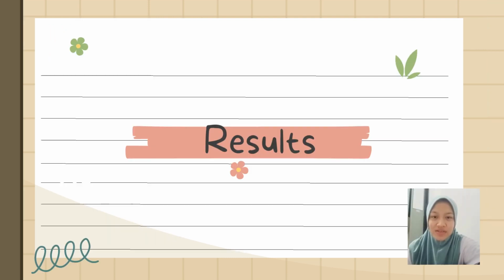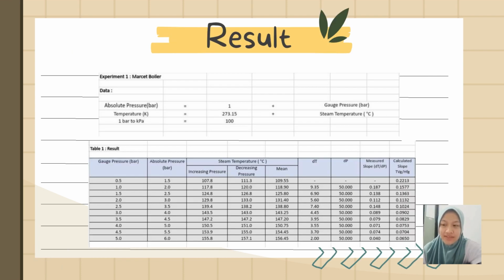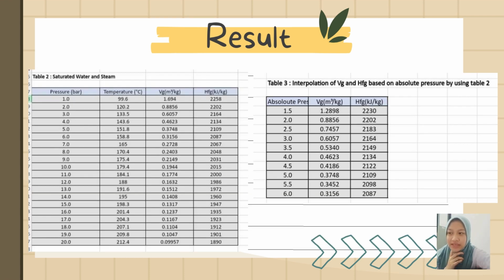And this is our result for this experiment. This is Table 1. It shows the mean dT, dP and slope dT/dP, also the slope of Tvg over hfg. And this is Table 2, saturated water and steam.